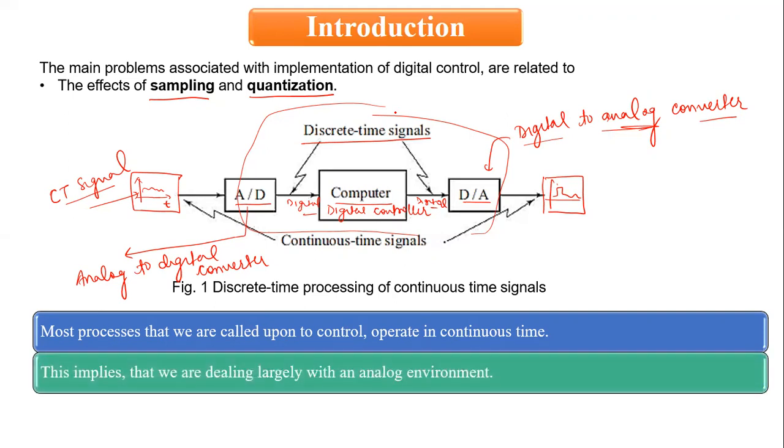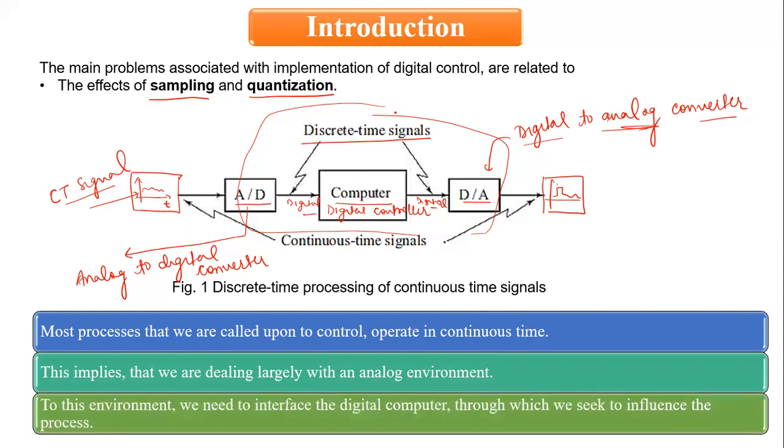So we are dealing with the analog environment, as I already mentioned. Now, to deal between this analog environment and the digital computer, two totally different systems, analog system and digital system, we need some interface.